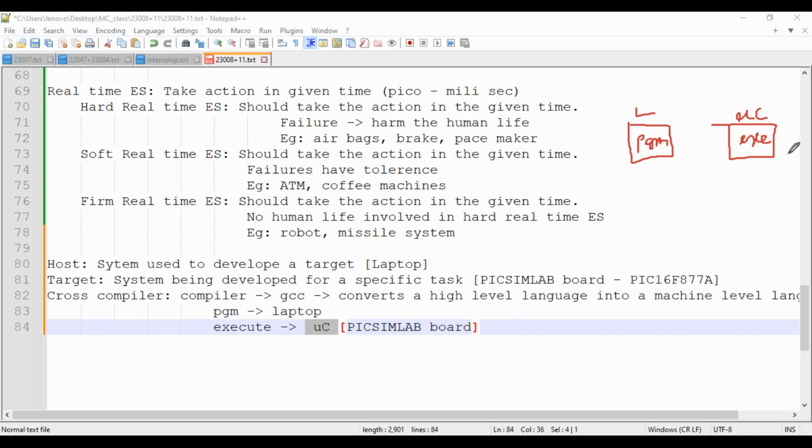In your laptop or in your microcontroller? In your laptop. So the compiler is always available on your laptop. This compiler is going to convert a program written in one architecture to an executable file for another architecture.